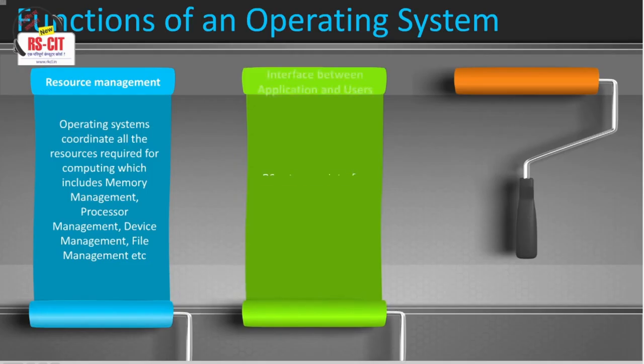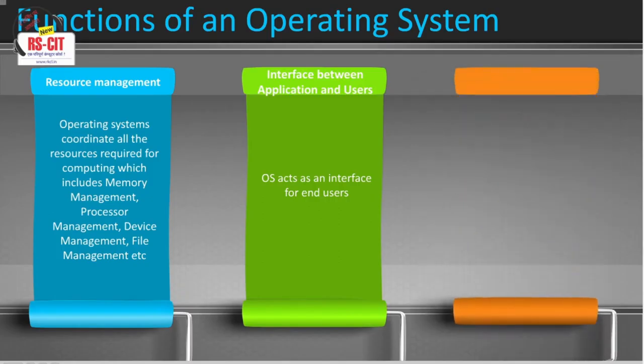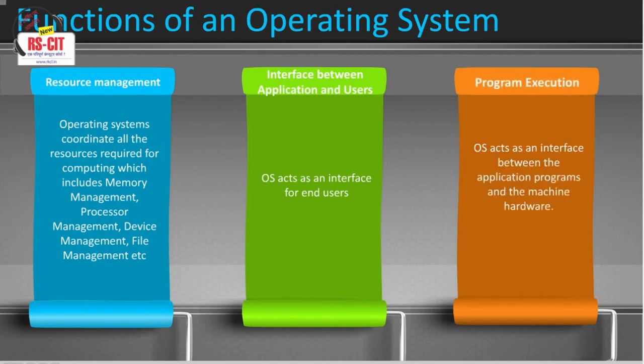Interface between application and users. OS acts as an interface for end users. Program execution. OS acts as an interface between the application programs and the machine hardware.